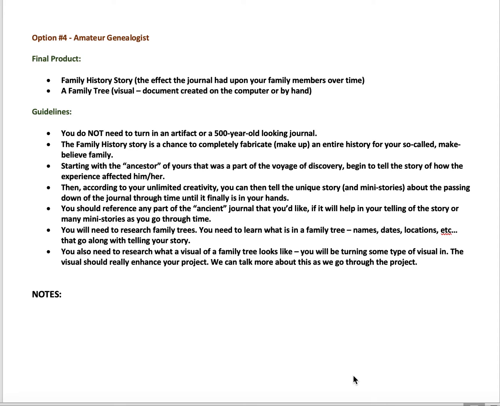Each one having some kind of an experience or being affected by the journal over time, and then adding to it. So a certain son could talk about how they got it from maybe their mom or maybe a dad, and they're just adding and telling how it affected their life. Again, you can be really creative here.